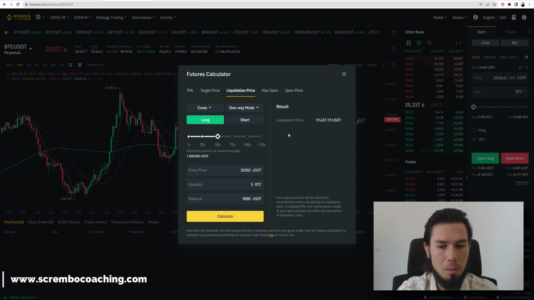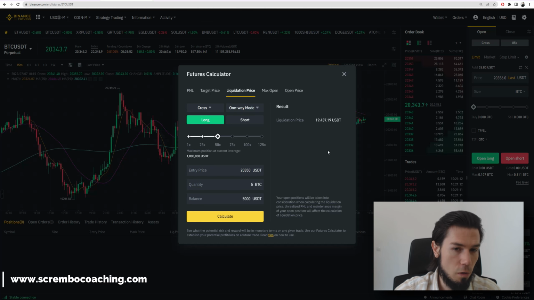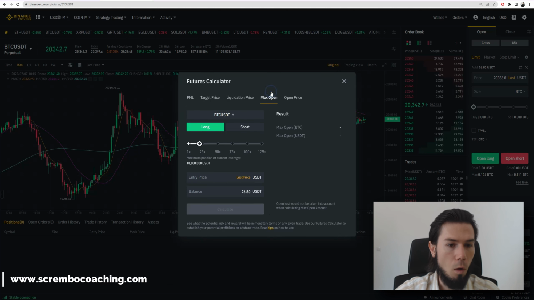You definitely need to know what the initial margin is, what the final size is, which is also represented by the quantity of your trade, which is the cross market, isolated leverage, cross leverage, and all these things need to be very well handled by you before you understand the concepts. Max open is actually telling us how much we can open, which is pretty simple. Maximum position at the current leverage: you select the leverage and it tells you how much you can open at maximum with that specific leverage.